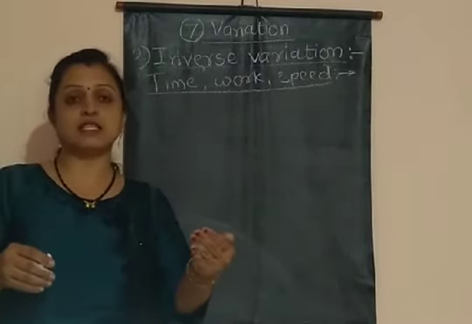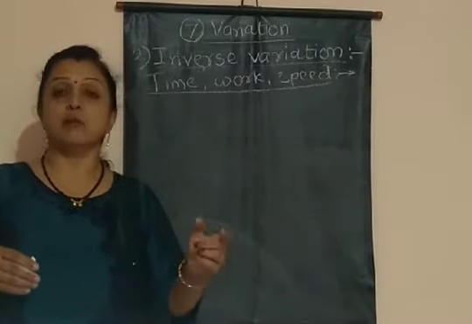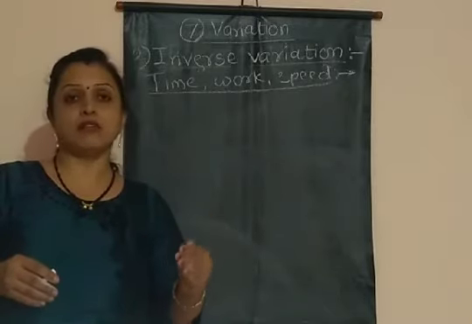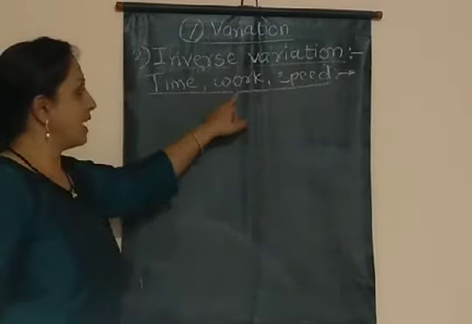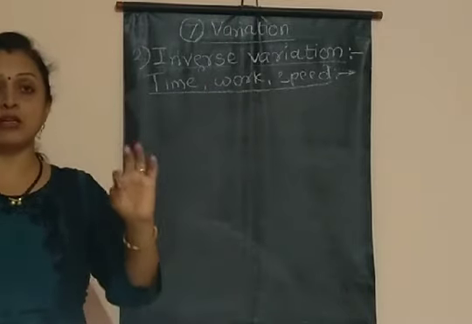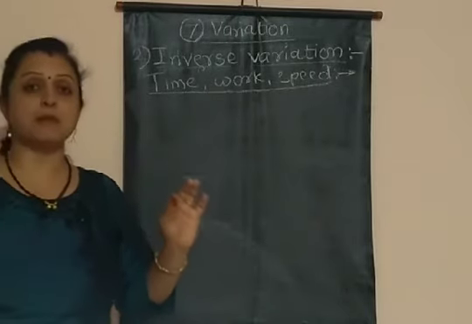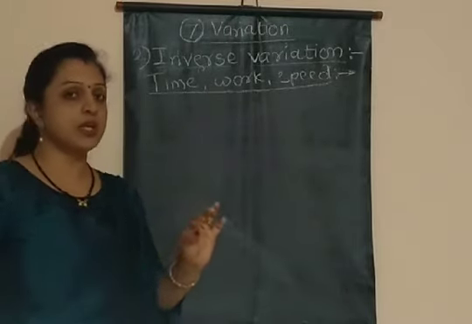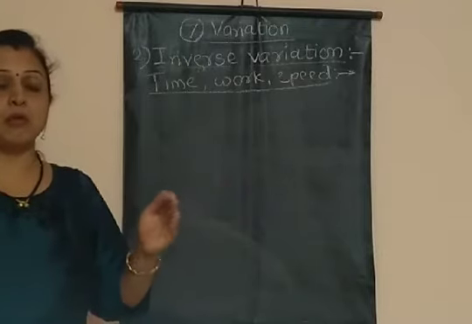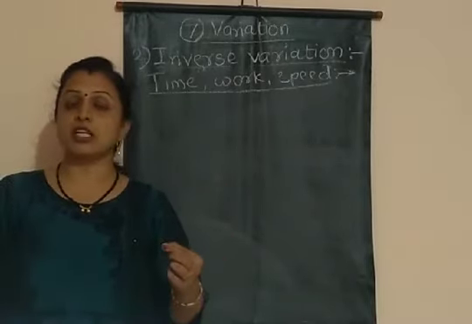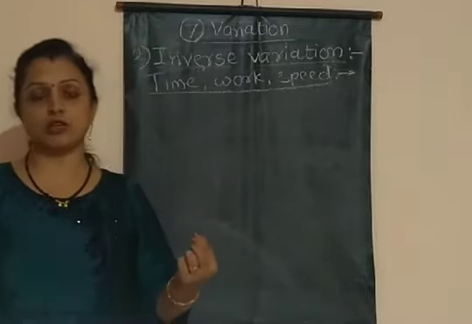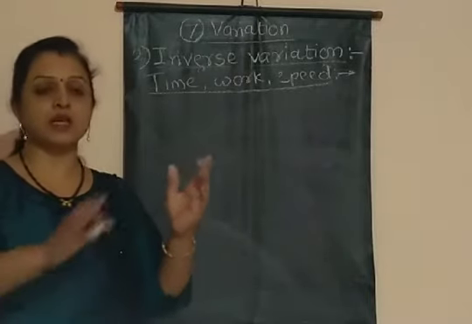Suppose if we increase the number of workers, then the number of days to complete that work should go on decreasing. It means that the number of workers and time are inversely proportional to each other. Okay, the number of workers and the number of days required to complete a particular work, these two quantities are inversely proportional to each other. This is one thing.